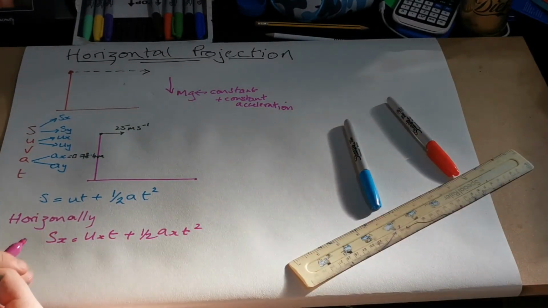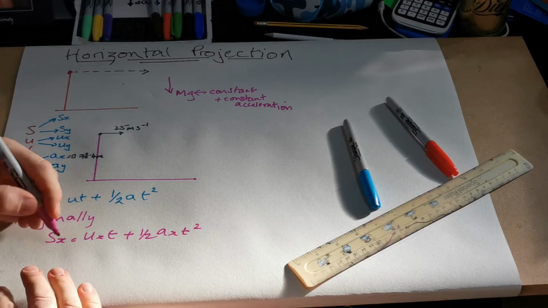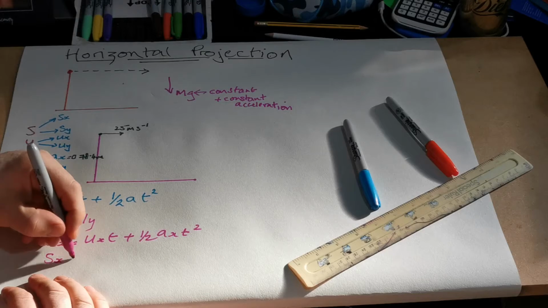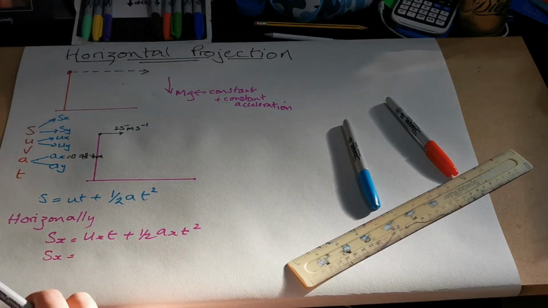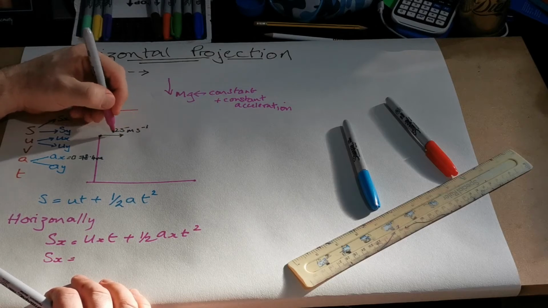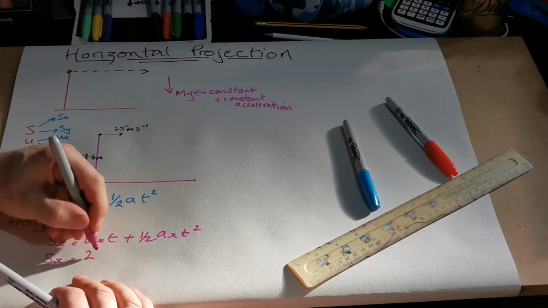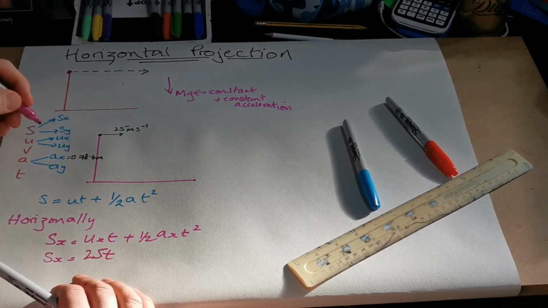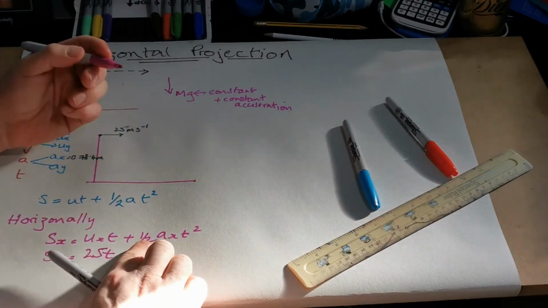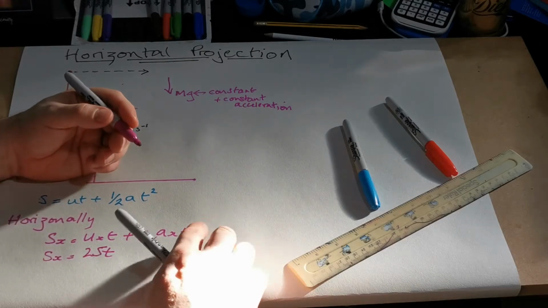I can see that Sx, that's the distance travelled horizontally, is equal to Ux. Well, our initial velocity in the horizontal direction is 25, so that'd be 25t, and I know that acceleration horizontally is always 0, so I've got half times 0 times t squared.